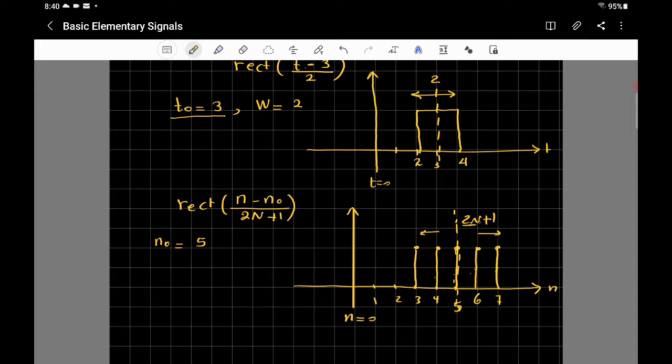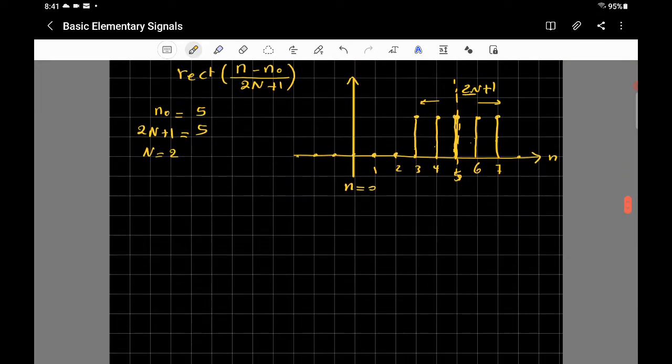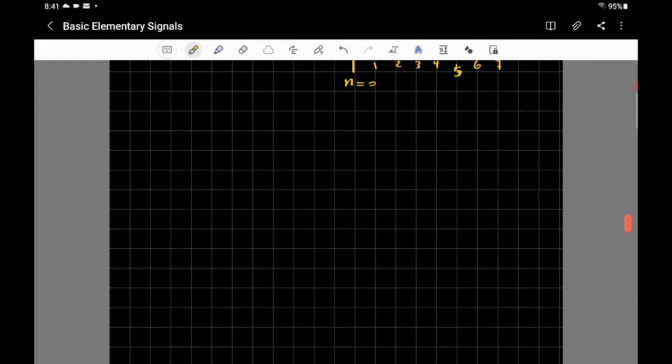So that's 2N plus 1, the one in the middle being plotted on top of the axis of symmetry. So in this example, 2N plus 1 is equal to 5. It means N is equal to 2, as you see here, and the rest will be 0, exactly similar to the continuous. It will be 0 everywhere to the right and the left of the pulse. So that's the way you represent the discrete time rectangular pulse signal.